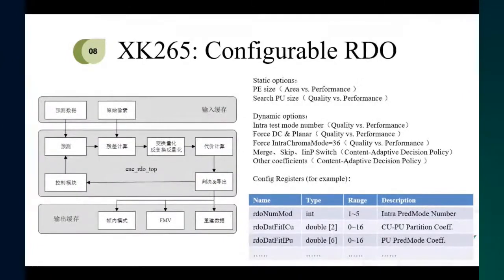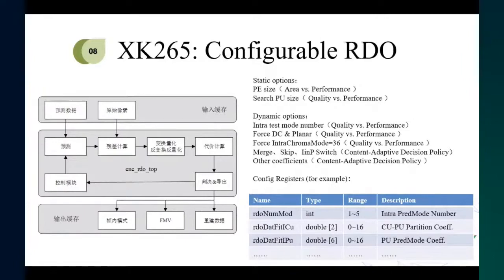For the intra part, the static options are the PU size and the search PU size. The PU size is used to balance area and performance, and the search PU size is used to balance the quality and the performance.